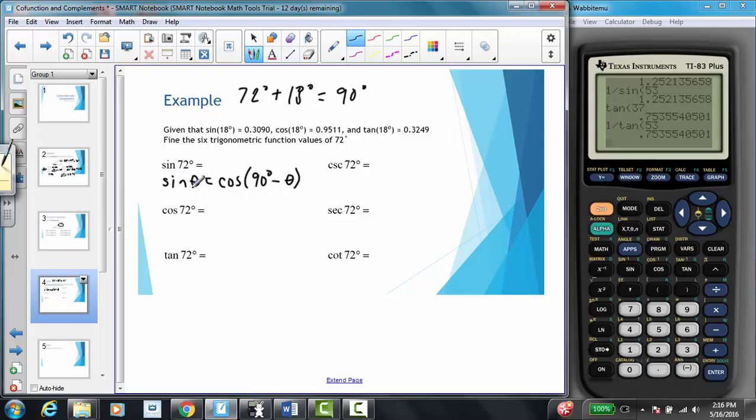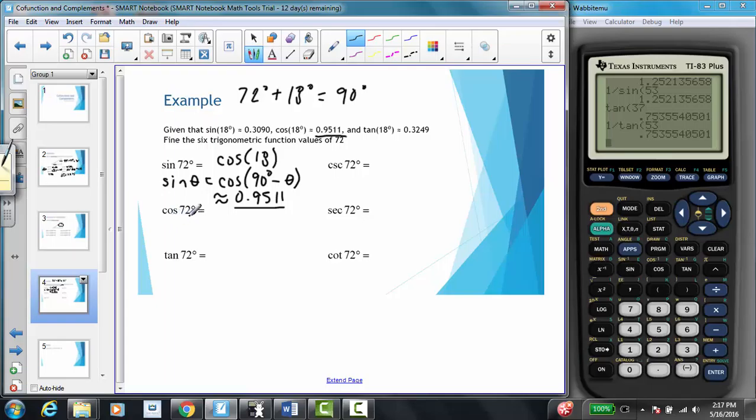So that's really the cosine of 18 degrees, because 90 minus 72 gives me that 18. So the sine of 72 is going to be equal to the cosine of 18 degrees. And we're given that cosine of 18 degrees up here. So the sine of 72 is going to be approximately 0.9511. So we can use these relationships in order to find all of the values.